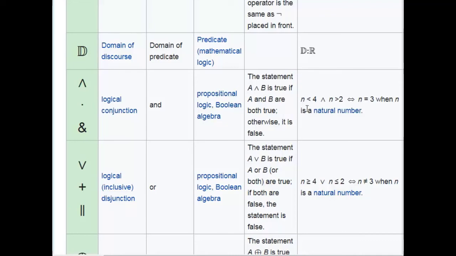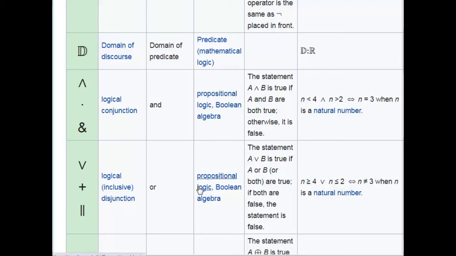For example, n is less than 4 and n is greater than 2. It's equal to n is 3 when n is a natural number. Obviously, here n is less than 4 and n is greater than 2. It means n is 3 if n is a natural number. We don't have any number between 2 and 4, any natural number, I mean.